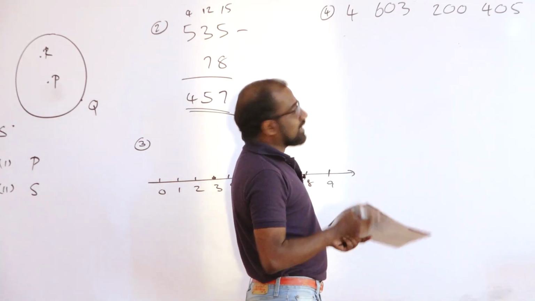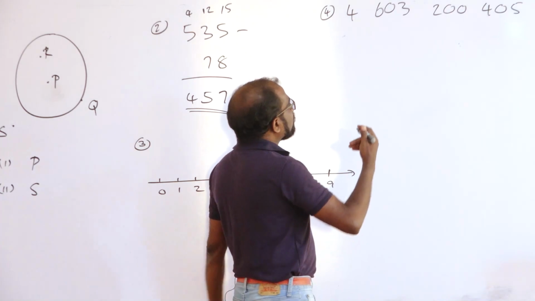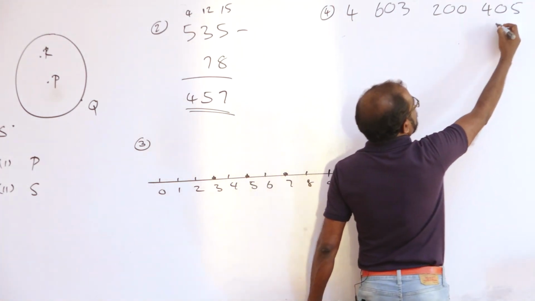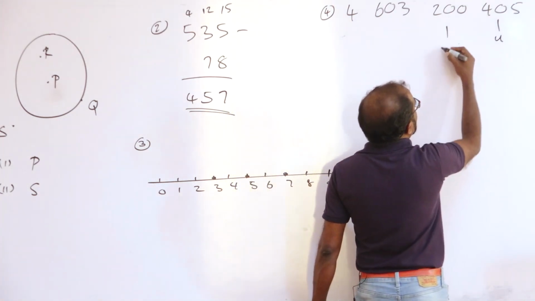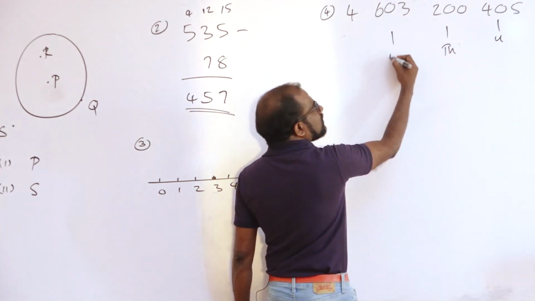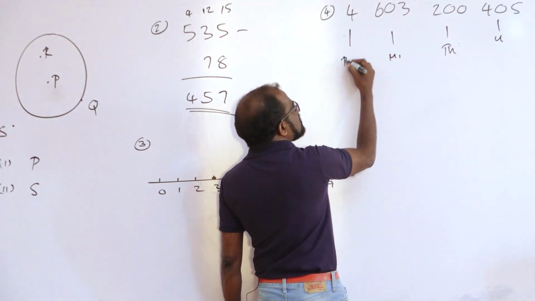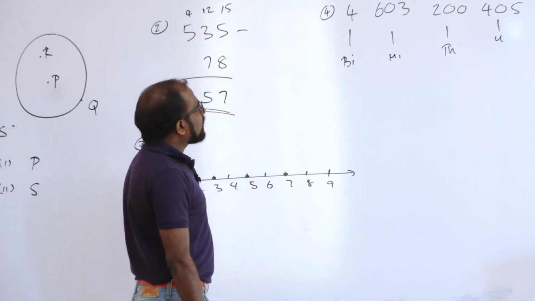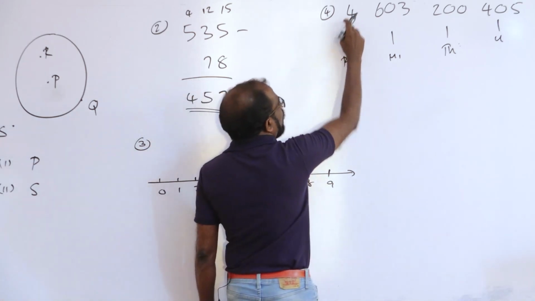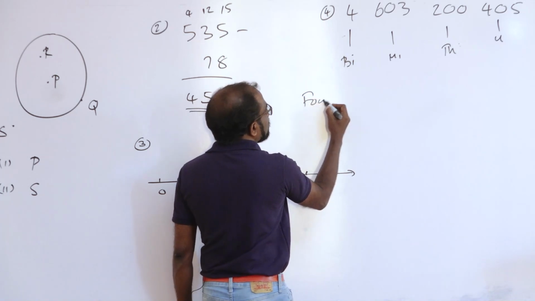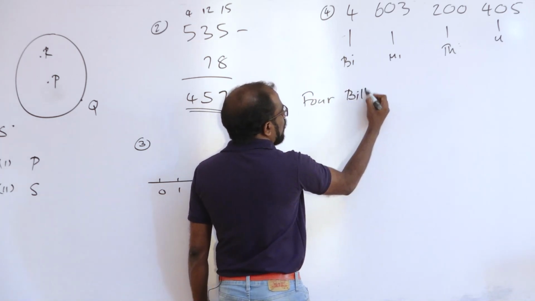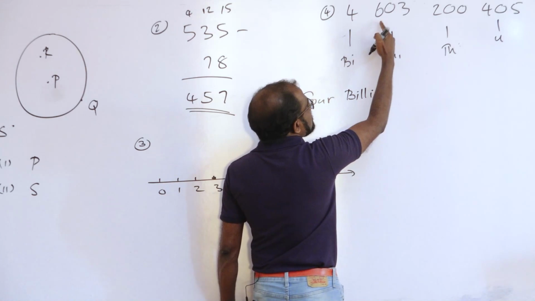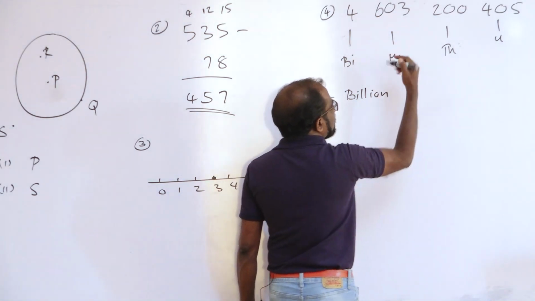How do you write this number? First of all, what are the number zones? This is the unit zone, thousand zone, million zone, and this is the billion zone. So how should you write that number? 4 billion. Then here, what is this number? 603 million.